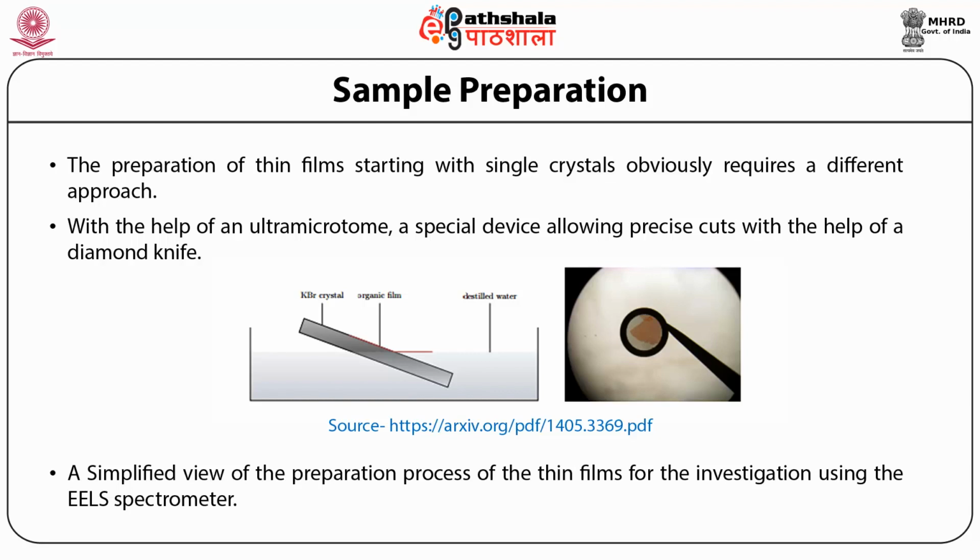It shows KBr crystals, then a film on the surface which is organic in nature, and then the distilled water has also been shown, and it is this organic film that is going to be analyzed with the help of this spectrometer.